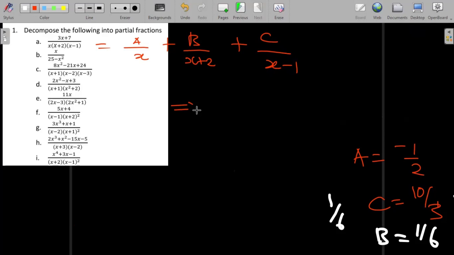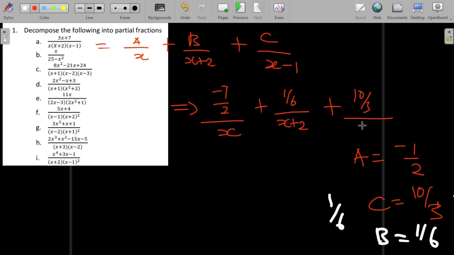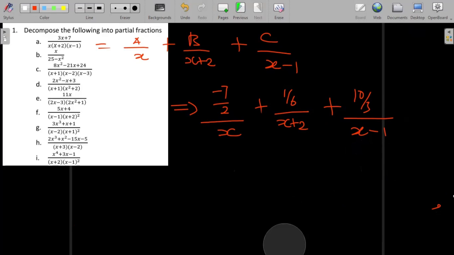So I'm going to say equals here. My A is minus 7 over 2 over X, plus the B is 1 over 6 over X plus 2, plus the C is 10 over 3 over X minus 1. So that is what I have there.